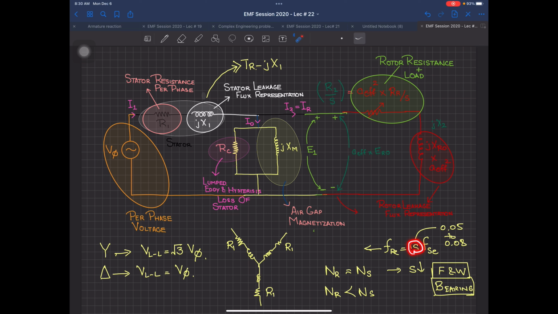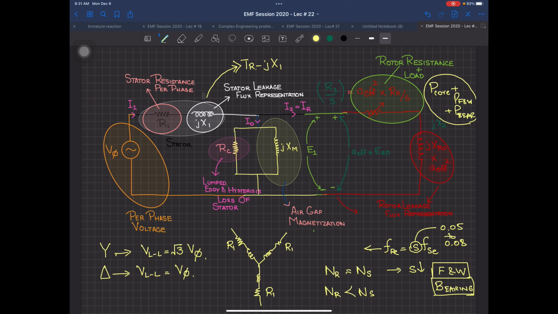Normally in some numericals you will see that the core losses, plus the friction and windage losses, plus the bearing losses are summed up and used as one constant quantity.